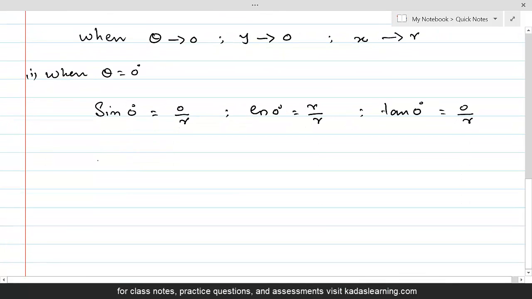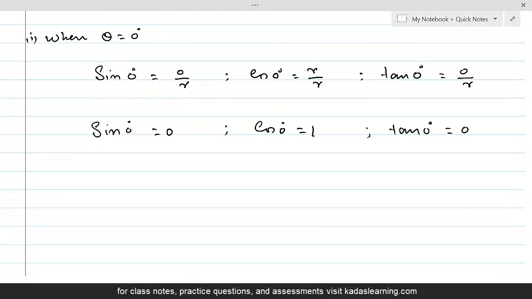Means that the value of sine 0 degree would be equal to 0, cos 0 degree would be equal to 1 and tan 0 degree would be equal to 0 as well.